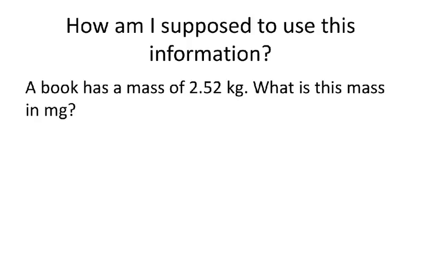So if you have a book that has a mass of 2.52 kilograms and you want to find that mass in milligrams, you're going to set this problem up by going from kilograms to grams to milligrams. So push pause, make sure you can solve this on your own. I'm going to solve it right now.